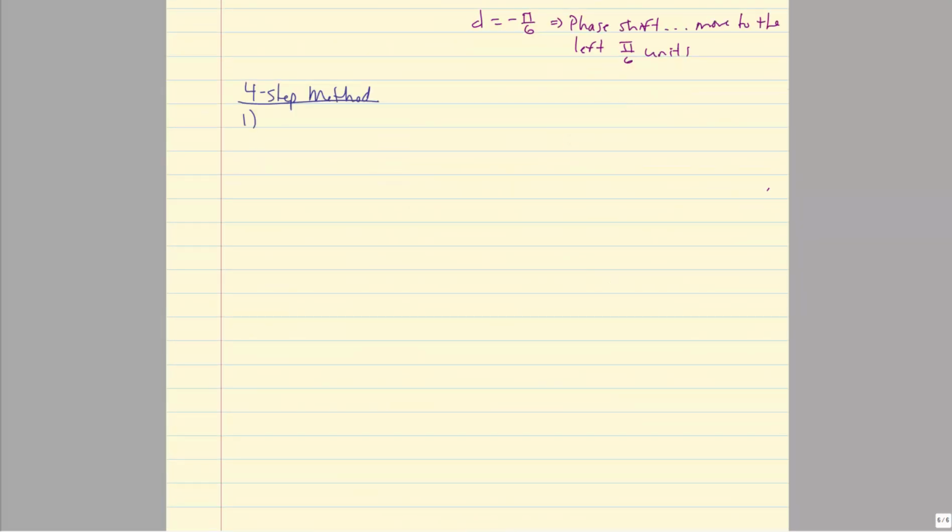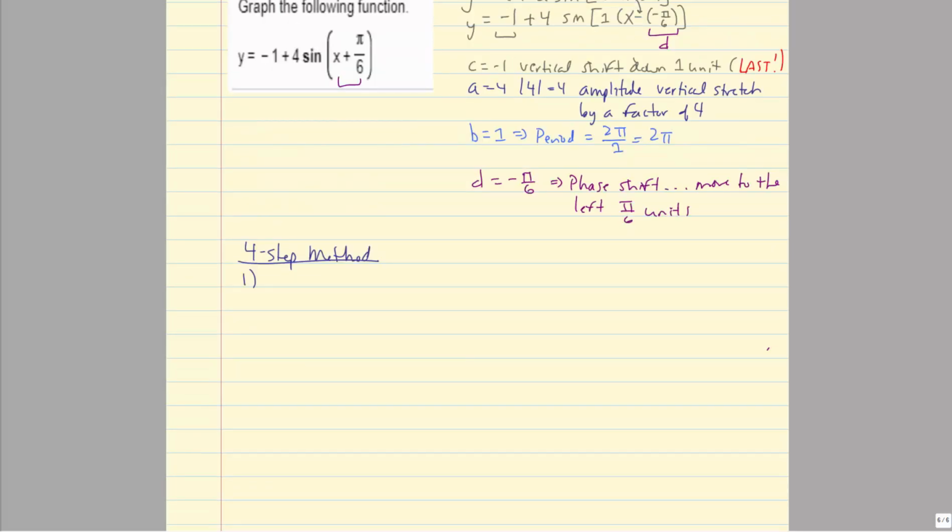So step 1, I'm going to take my argument, this x plus pi over 6, and I'm going to find the start and end points for my new graph for this transformation here. So the way I would do that then is I'd subtract pi over 6, and I'd end up with negative pi over 6.